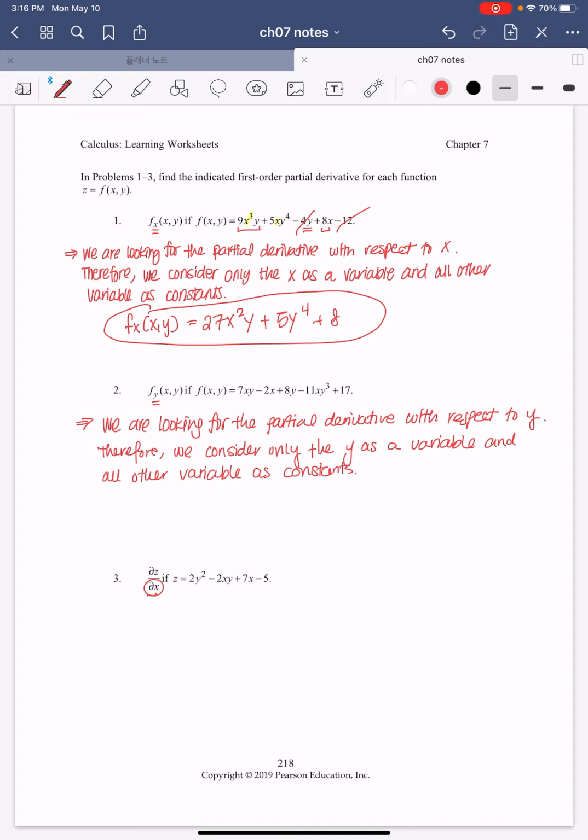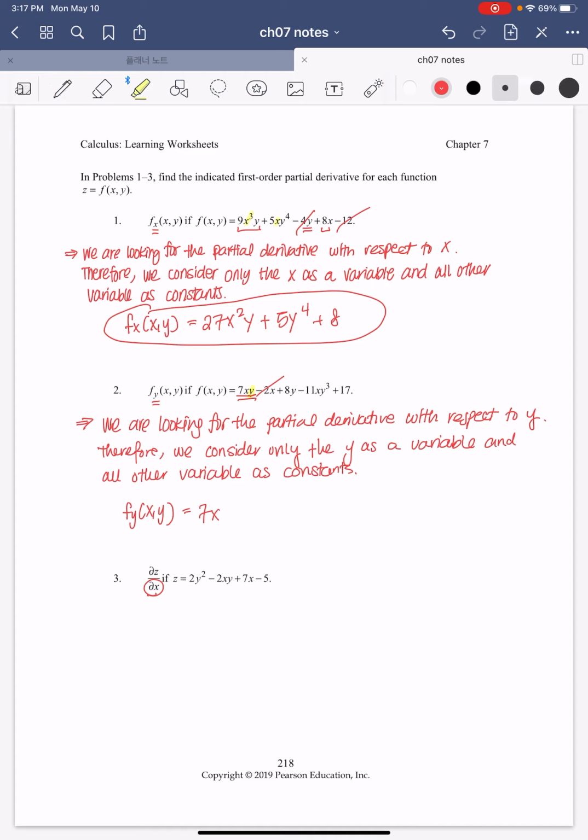Okay, so let's start term by term. First one, y is my variable, so derivative of y is 1. So 7x is a constant, so 7x will be my first term. Second one, remember, y is a variable, so 2x is a constant, so they disappear.